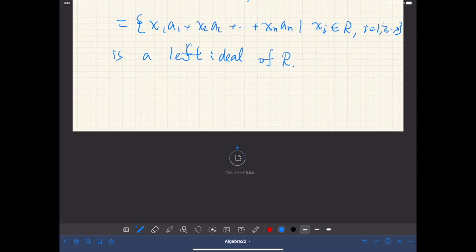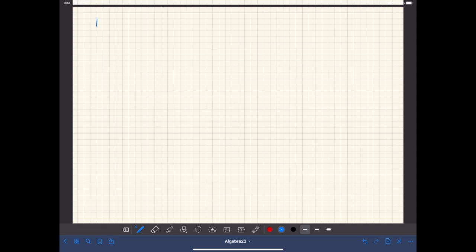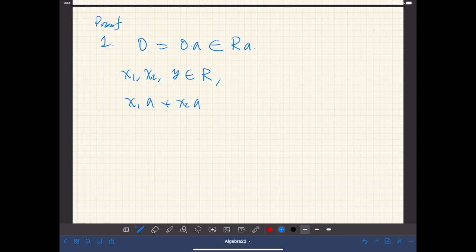So let's prove this. In part 1, first of all, 0 is equal to 0 times a, which is an element of Ra. And for any x1, x2, and y that are elements of R, we have x1 times a and x2 times a.